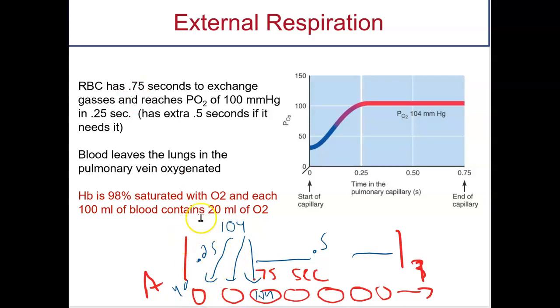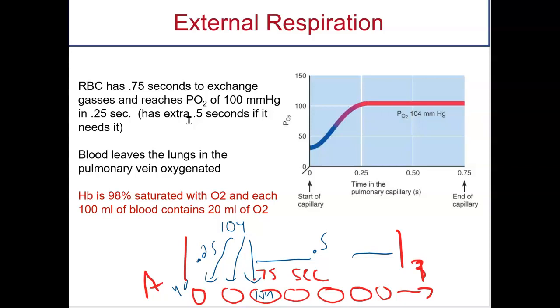Or maybe you have a problem with diffusion. Maybe your respiratory membrane is too thick because you have pneumonia or COVID, or maybe you've lost surface area. Well, you have an extra half a second in there to give you more time for that diffusion to occur. So this is really good because, again, with pulmonary diseases, if we didn't have any backup, we'd probably die really fast from pneumonias and all these.